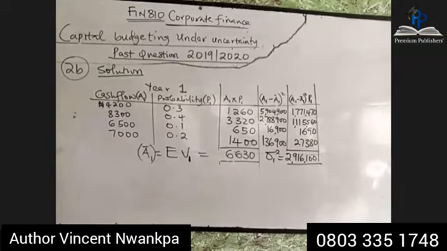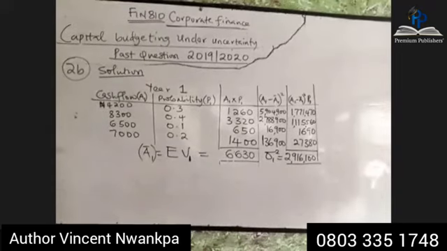What we just did must be done 3 times: year one, year two, year three. Before we think about Roman figure 1, 2, 3, we have not even started. You see what I'm talking about?